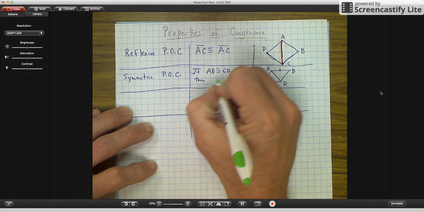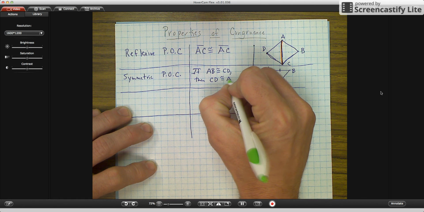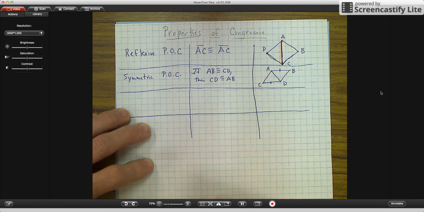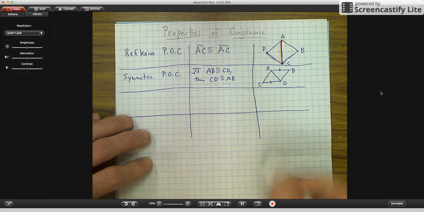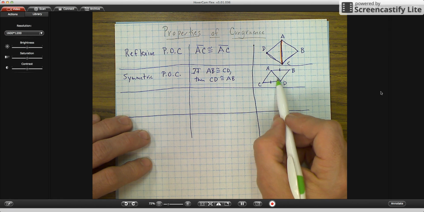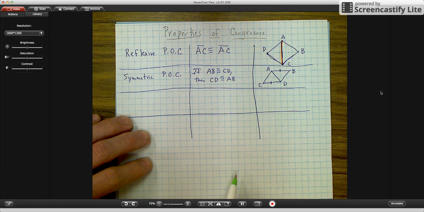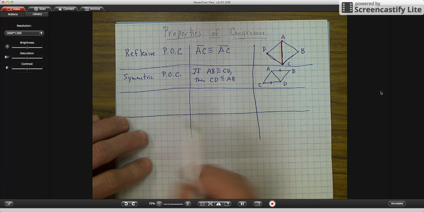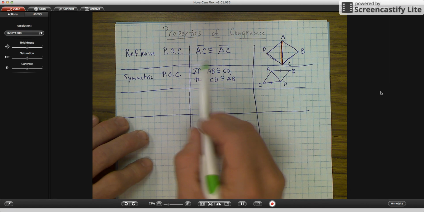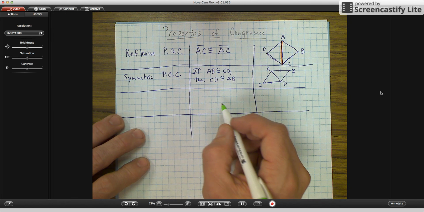Then you could say that CD is congruent to AB. Okay, so if you say it one way, starting with this one, going to that one, then you could also flip it and start with this one and go to that one. So that's the symmetric property of congruence, that you can flip them and they're still congruent to each other.